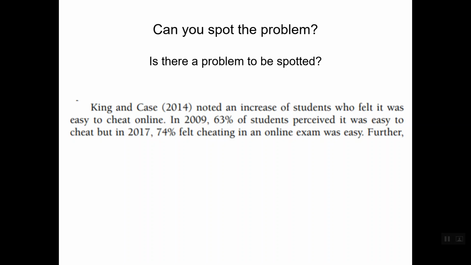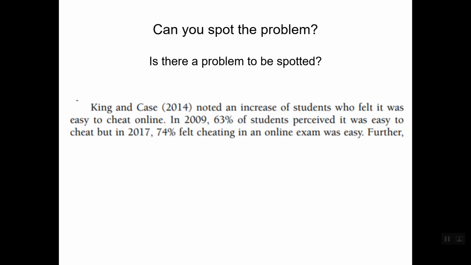King and Case, 2014, noted an increase of students who felt it was easy to cheat online. In 2009, 63% of students perceived it was easy to cheat, but in 2017, 74% felt cheating in an online exam was easy.